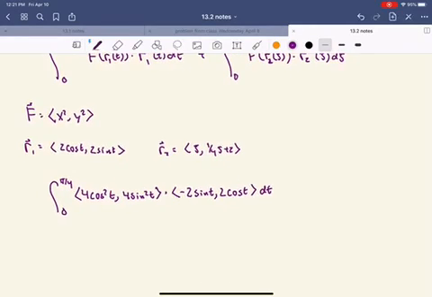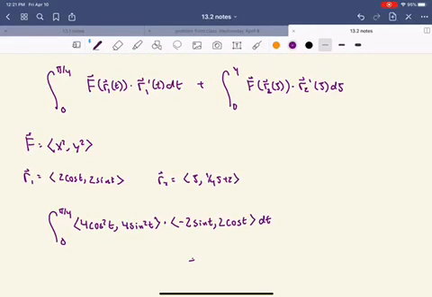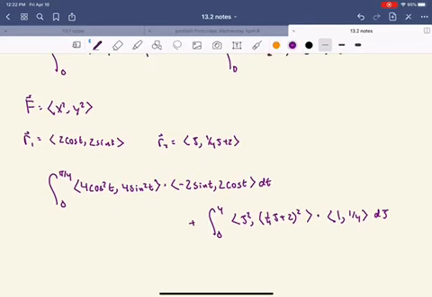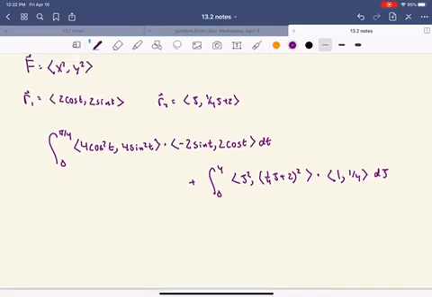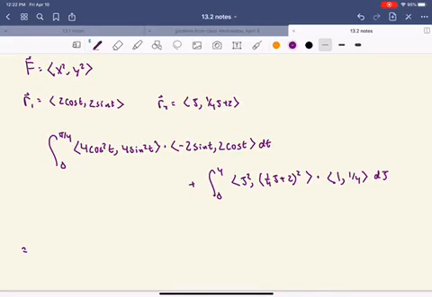That's the first integral. Plus the integral from 0 to 4, x squared is going to be tau squared, y squared is going to be 1/4 tau plus 2 squared, and r prime here is 1/4, and then we'll have d tau. Okay, I just set up what the integral is, and then I'll let you handle the rest.